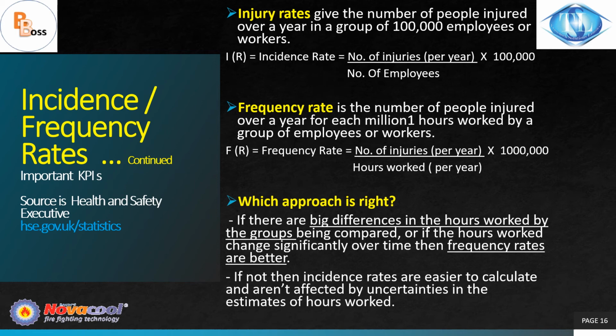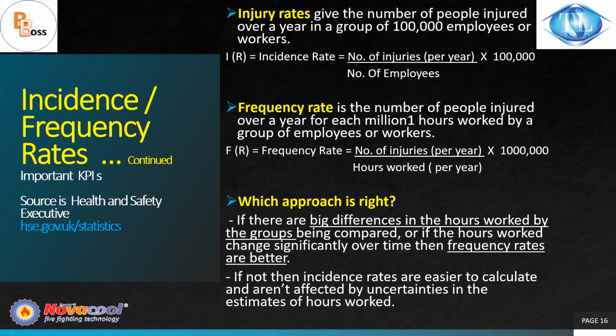So if I am comparing two companies, and these two companies happen to have the same number of injuries in a certain year, but company A has half of the number of employees of company B, then of course the incidence rate of that company will be much higher than the second company.